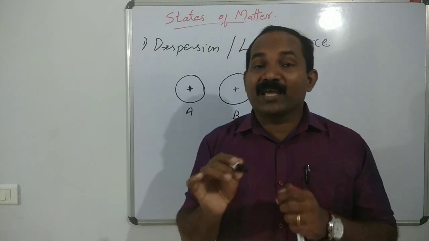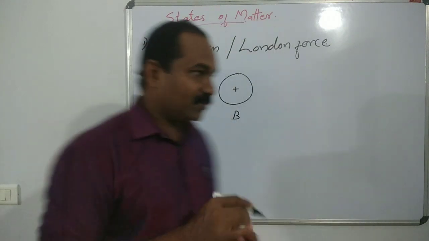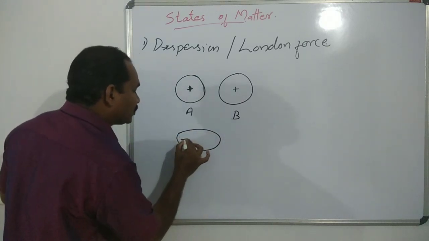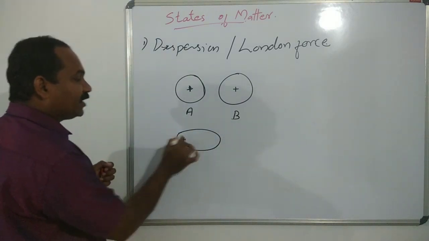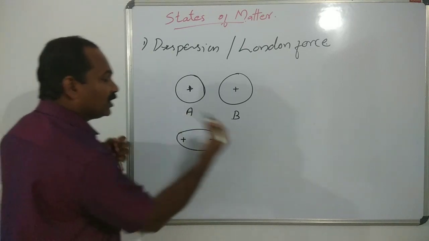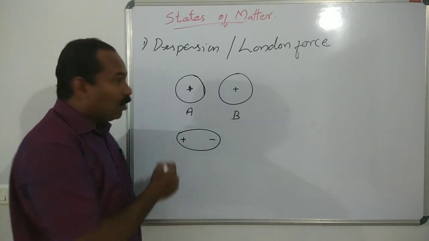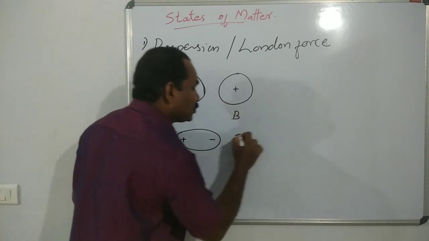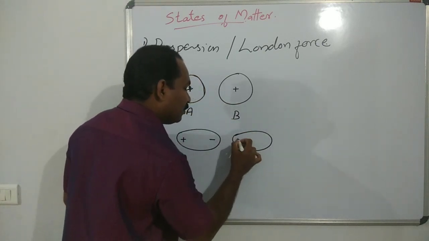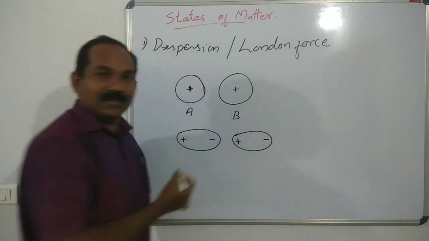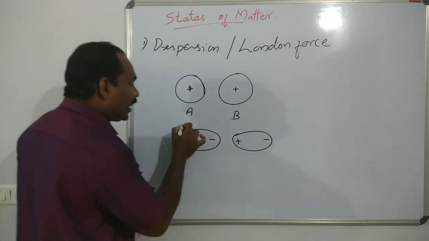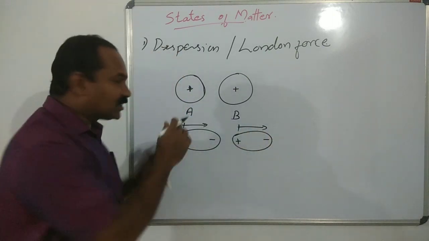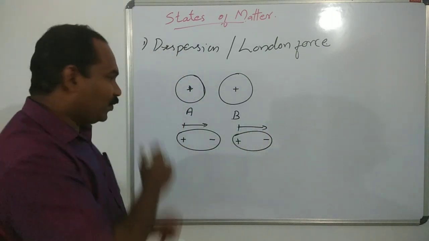A momentary change exists in the atom, with positive charge on one side and negative charge on the right hand side. What happens for atom B? This also momentarily changes, plus and minus. So this creates a dipole.